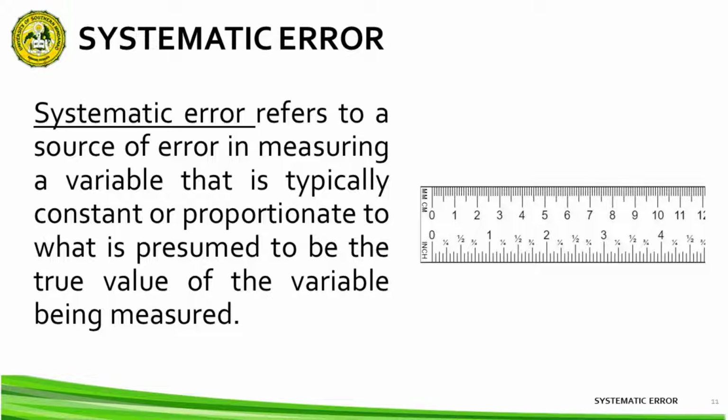On the other hand, systematic error refers to a source of error in measuring a variable that is typically constant or proportionate to what is presumed to be the true variance of the variable being measured. In short, this is the error in the actual test. For example, a 12-inch ruler may be found to actually be longer by 1 millimeter than its actual length of 12 inches.